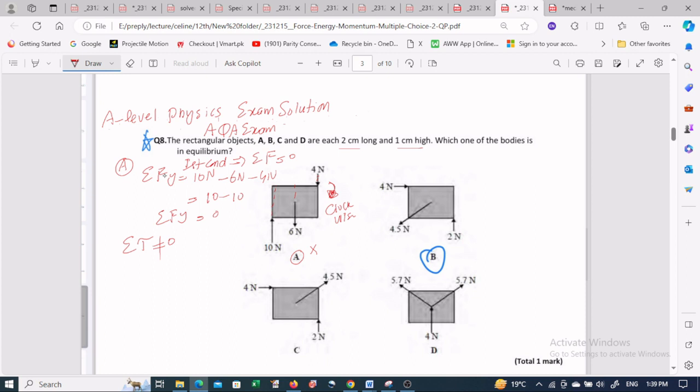In case of B, we discuss the resultant force. We add these forces. For example, a 2 Newton force is acting upward, a 4 Newton force is acting along this side, and the resultant is 4.5 acting along this side.